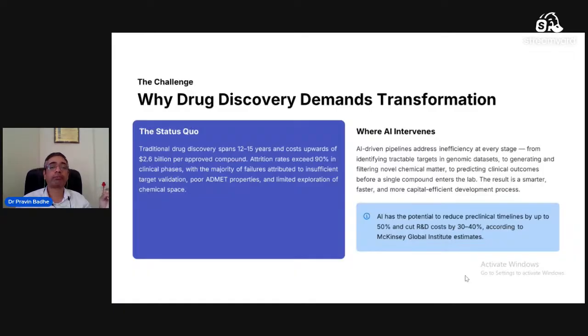This is happening due to many issues in the drug discovery process, that is insufficient target validation and issues with the ADMET properties. And with the help of AI now, at the initial stage only, we can look into this inefficient part of the drug discovery, like targets, the leads, and ADME properties.